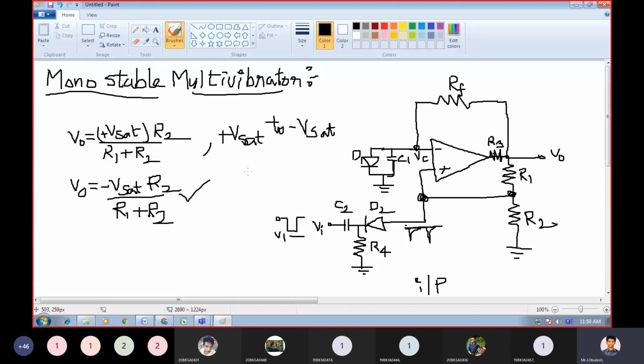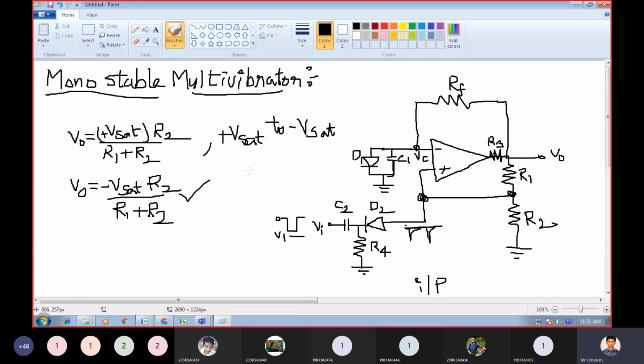Therefore, the capacitor C1 now starts charging to positive V saturation through feedback resistor RF until Vc is 0.7 volts, as the capacitor C gets clamped to that voltage.